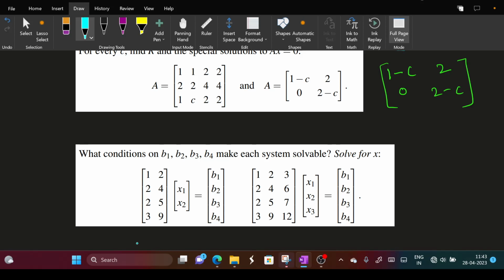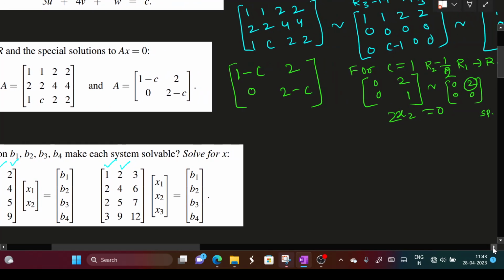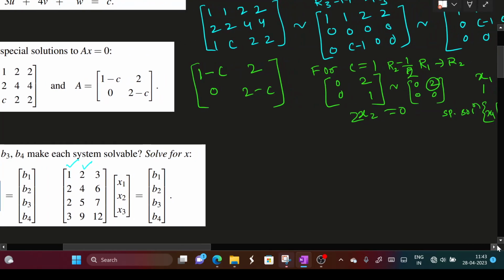Observe here, the first and second columns of this matrix are the same as these two. So only the third column is extra here. If I delete the third column and the third variable, then the problem is the same as my first problem. So only the second problem I will do. The first problem can be done from it.